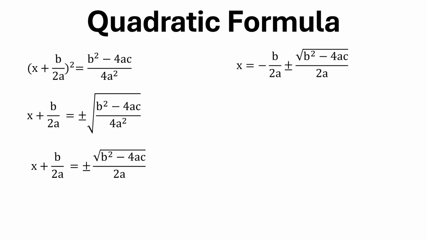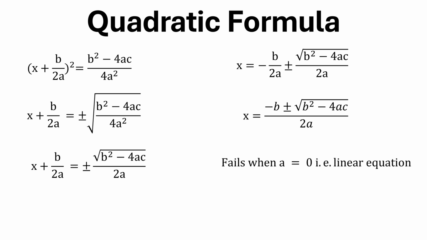Subtract b over 2a from both sides. x equals minus b over 2a plus or minus the square root of b squared minus 4ac, divided by 2a. Since 2a is a common denominator, we have minus b plus or minus the square root of b squared minus 4ac, divided by 2a. This is the quadratic formula.